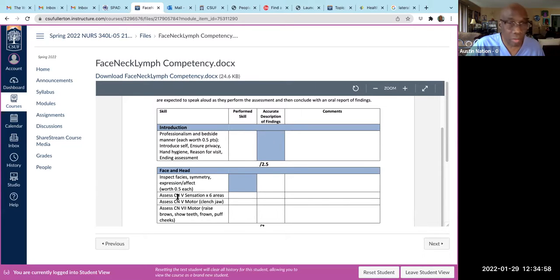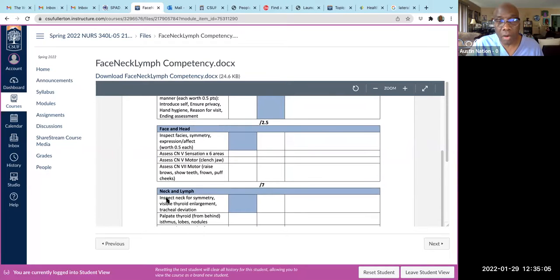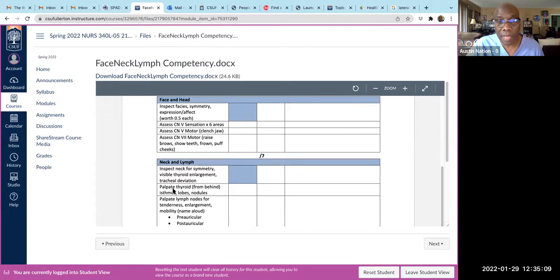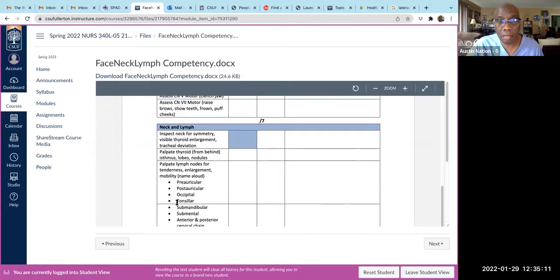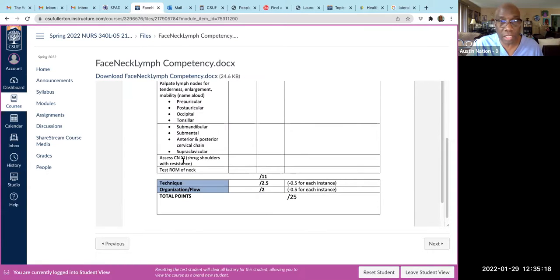To assess these cranial nerves, you'll have to ask the patient something. Then we go down to neck and lymph. It's going to be inspect, palpate, palpate. And we go down on this cranial nerve related to the shoulders. I also put ask, A-S-K. And also for testing range of motion, it's an ask as well, A-S-K.